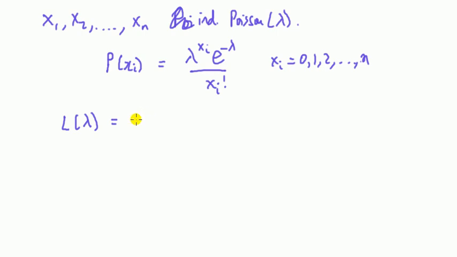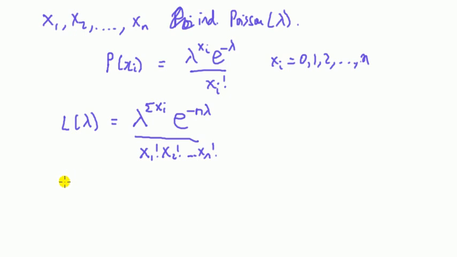Doing the same steps as before, you have lambda to the sum of xi, e to the minus n lambda. This is very similar to the exponential. And down here we're going to have x1 factorial, x2 factorial, all the way to xn factorial.